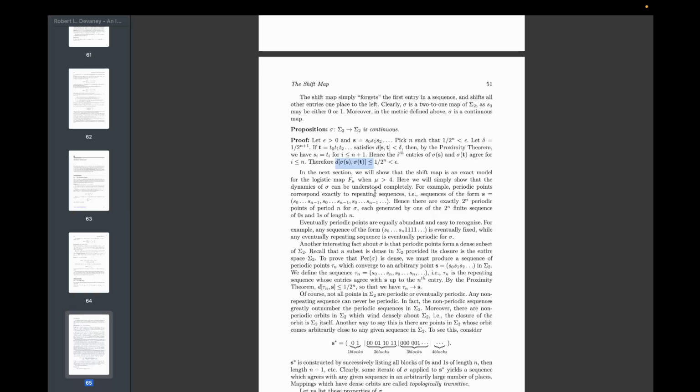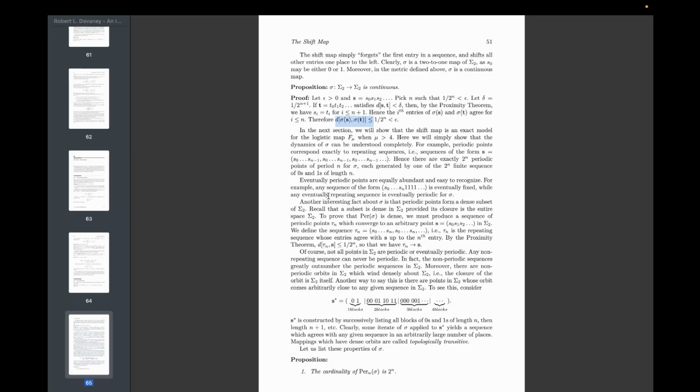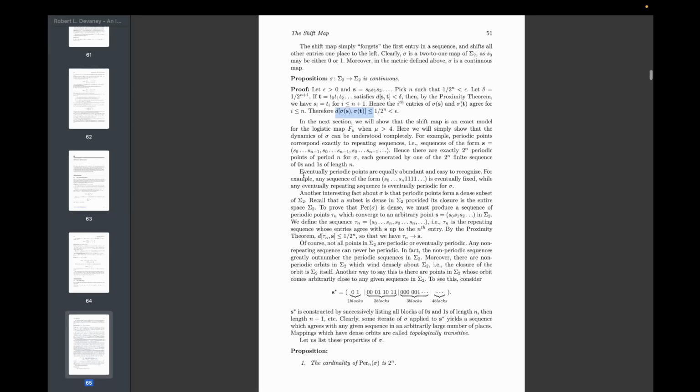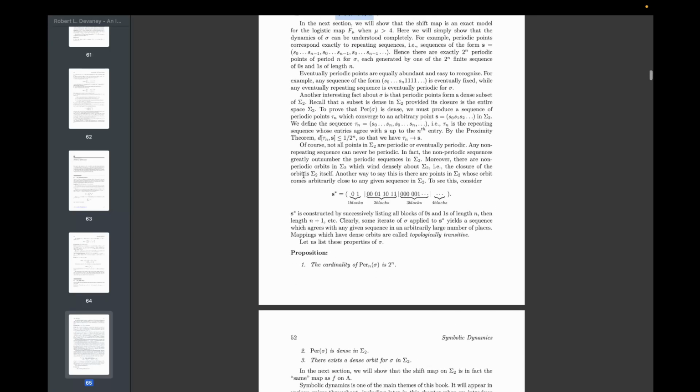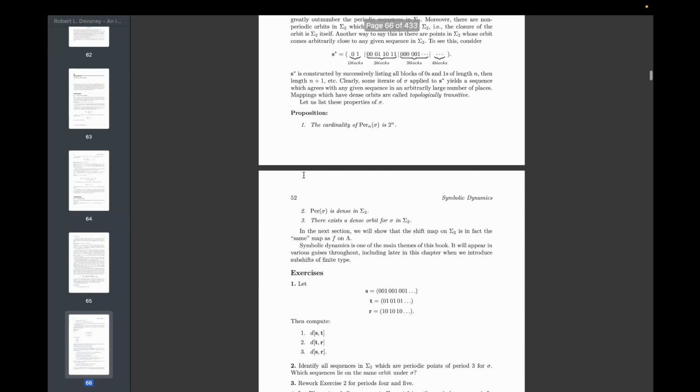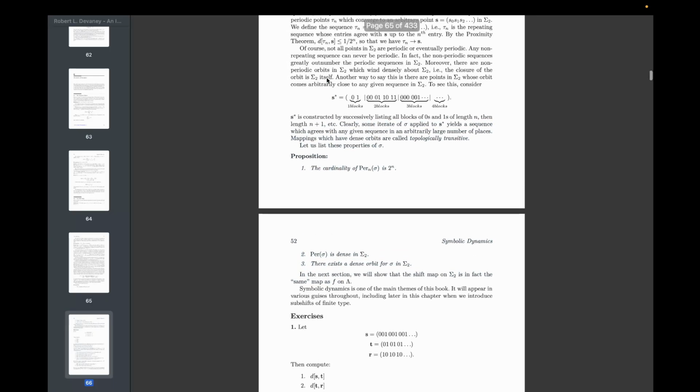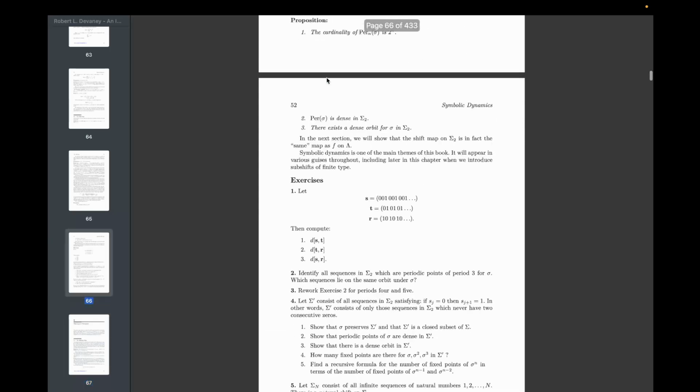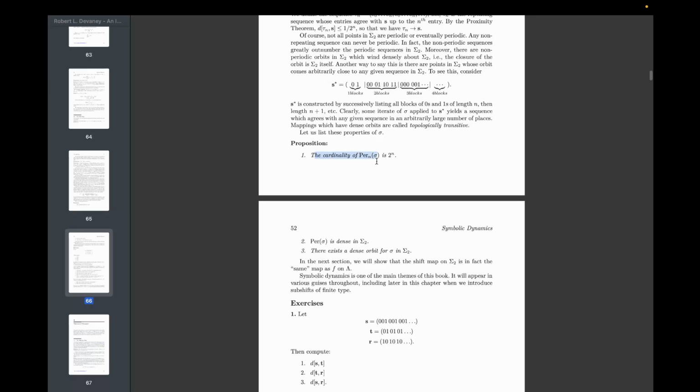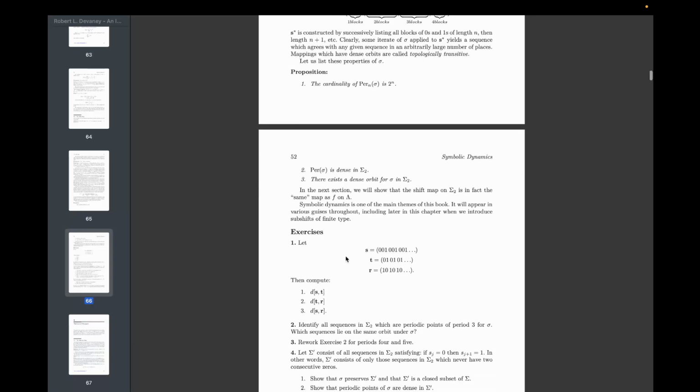It has a lot of different properties, like periodic points being dense, and topological transitivity. I think they talk about it later. The cardinality of the periodic points is 2 to the n, because periodic points have repeating 0s and 1s, and it has a dense orbit and stuff like that.